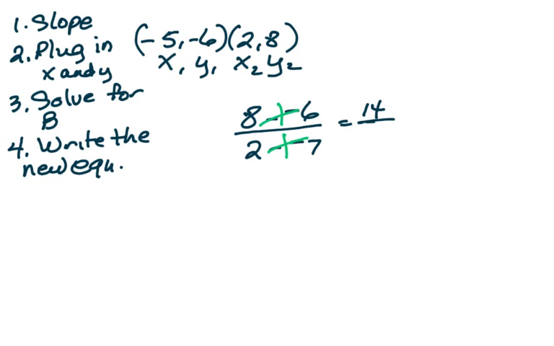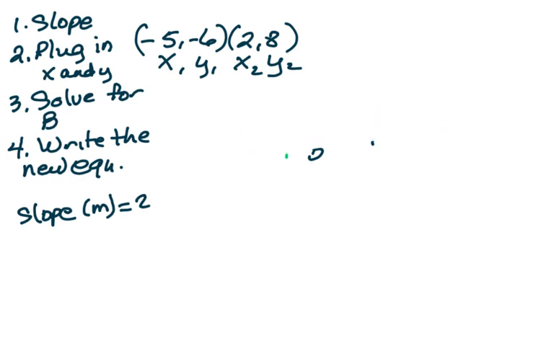This is supposed to be a 5. 2 plus 5 is 7. And when I divide that, that equals 2. So now I know that the slope is 2. So now the slope, which is m, equals 2.